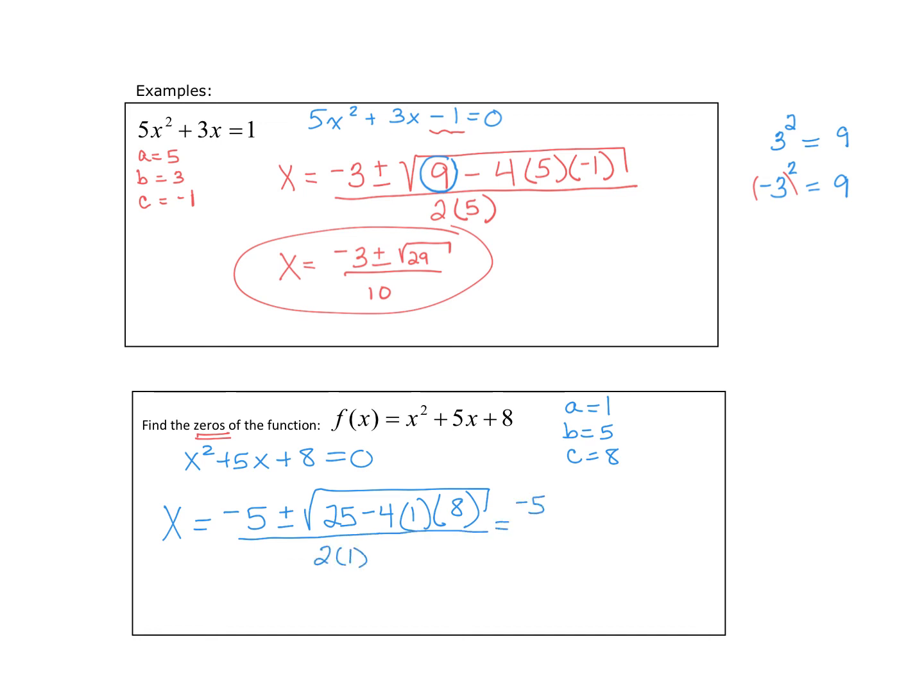And cleaning this up, what you notice is that it's 25 minus 32, or negative 7. So we have the square root of negative 7. And then we would write this as negative 5 plus or minus i root 7 over 2. So we're actually just going to take that negative sign out of the radical as an i.